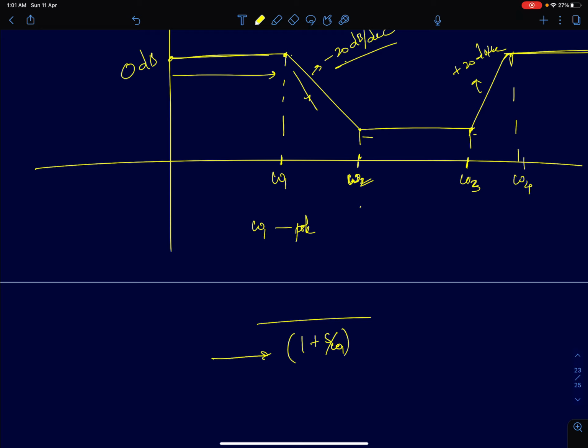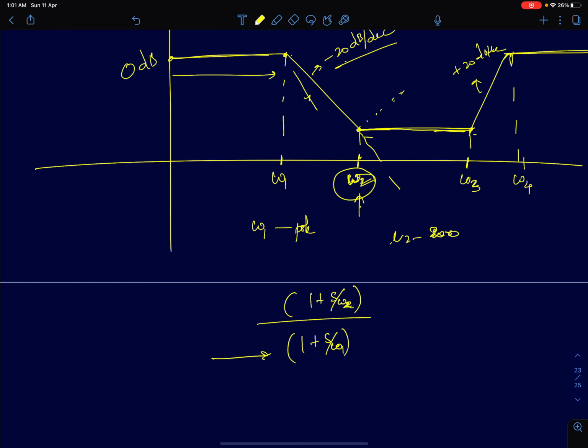Now it's decreasing, and the moment it encounters ω2, you see here the transfer function is becoming constant, which means the pole is trying to decrease it. If ω2 was trying to increase it, then it will remain constant. So ω2, if it was increasing, means it's a zero. So ω2 here is a zero, so I can write 1 + s/ω2.